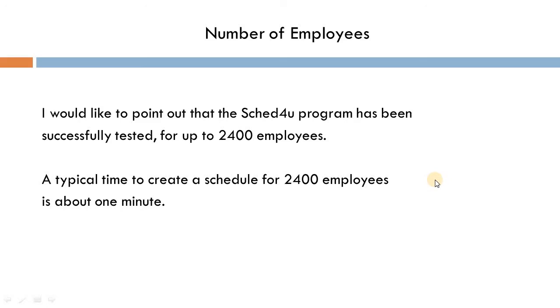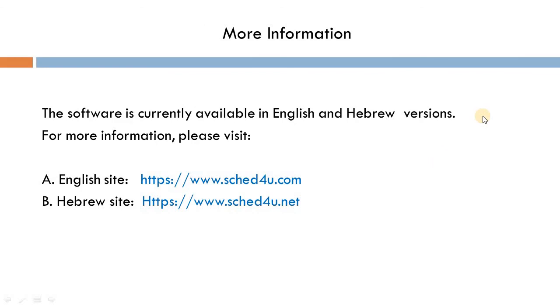A typical time to create a schedule for 2,400 employees is about 1 minute. The software is currently available in English and Hebrew versions. For more information, please visit A. English site www.sched4u.com, B. Hebrew site www.sched4u.net.